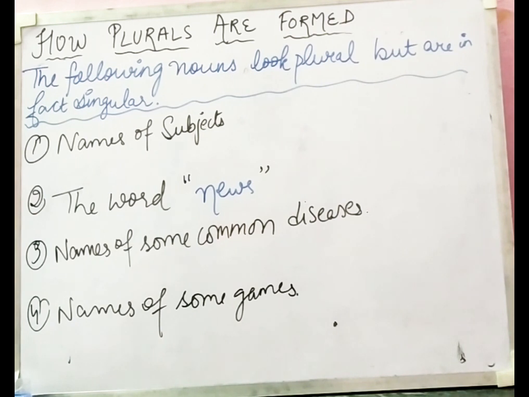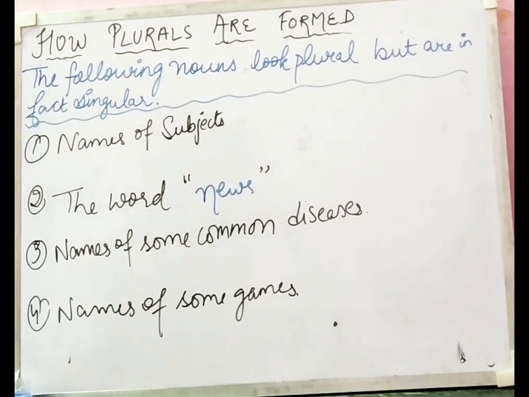Similarly, there are names of some common diseases, names of some games, they look plural but they are in fact singular. Like the word news itself, it seems plural but it's in fact singular.